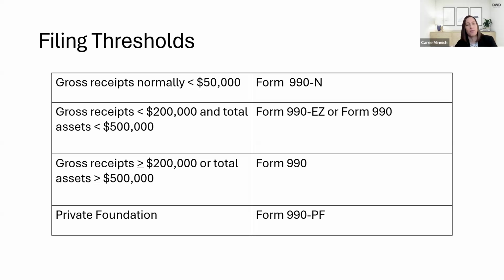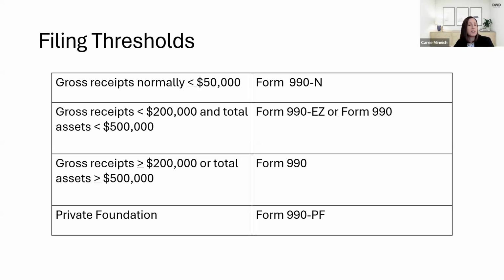So you might ask, why would I want to file Form 990 if I can file Form 990N or the EZ? That's because some organizations will want to file the full Form 990 because it does give so much additional information. This form is then submitted to grantors or funders to obtain additional funding.